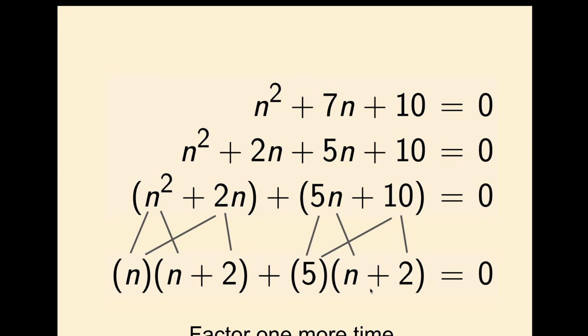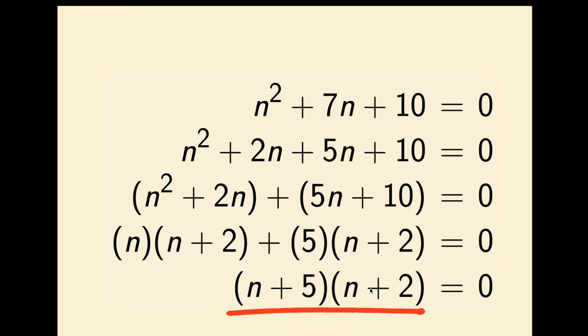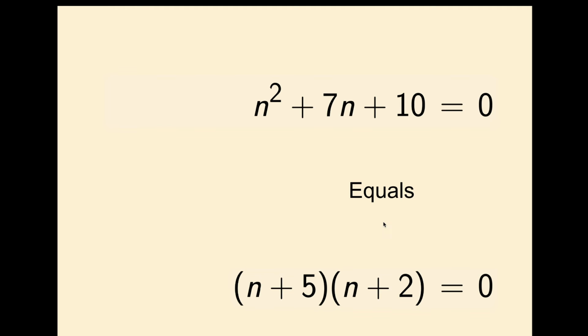Now we need to factor one more time. We rewrite what everything looks like, and we end up with n plus 5 times n plus 2. Success. Now we've formed 2 binomials. Note that these 2 expressions are identical.